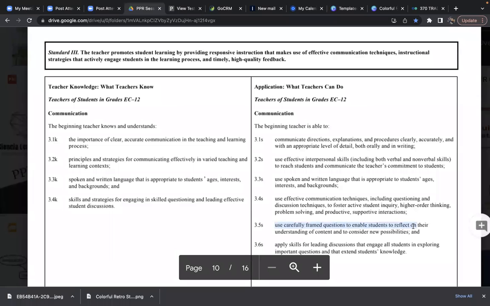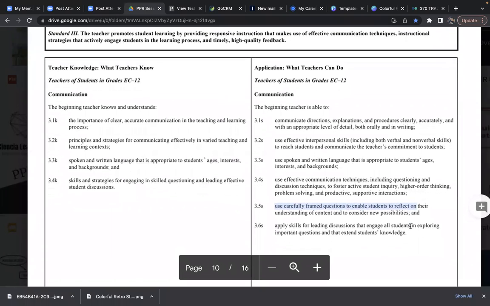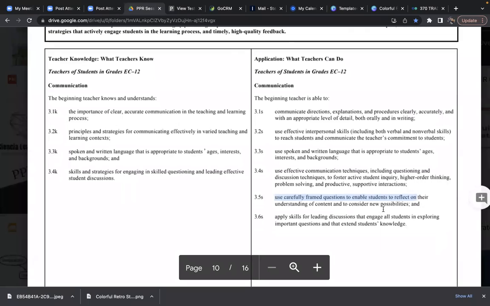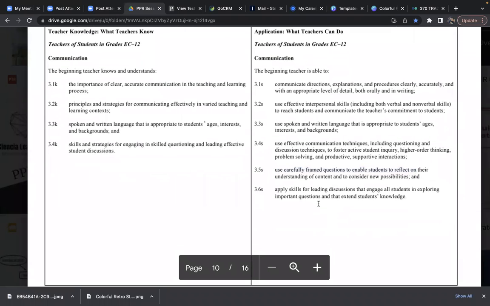How am I seeking to assess them? And what questions might I ask to help ascertain or illustrate their understanding? So carefully framed questions help students reflect on their understanding of the content and also consider new possibilities. Apply skills for leading discussions that engage all students.